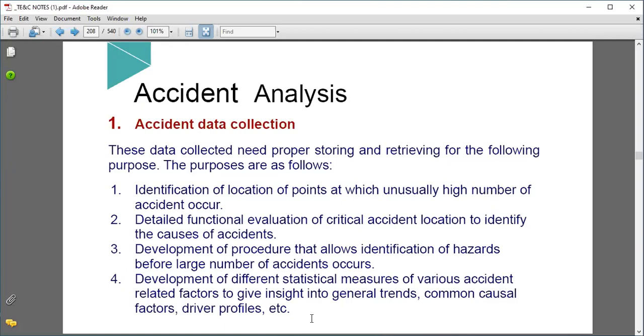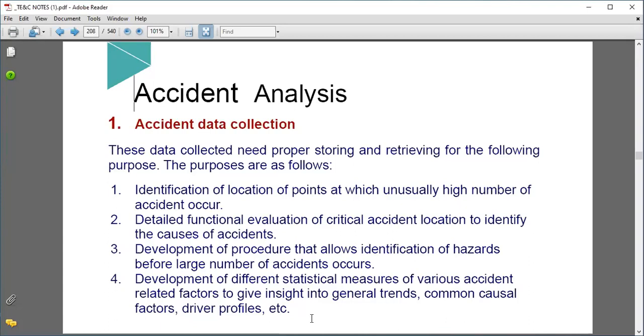The development of procedures that allow the identification of hazards before a large number of accidents occur, and the development of different statistical measures of various accident related factors to give insight into general trends, common causal factors, drivers, and their profile, etc. From that accidental data collection, we'll collect the information.